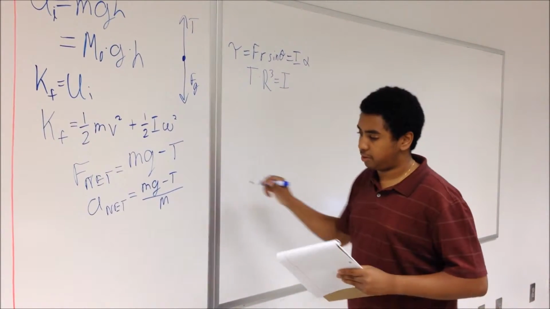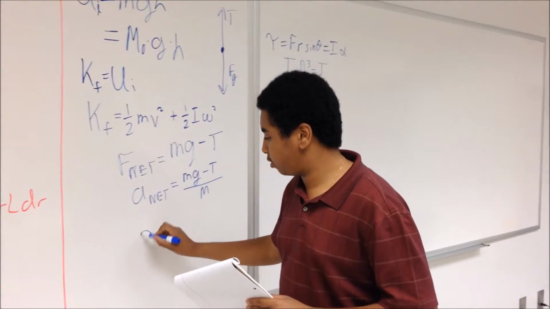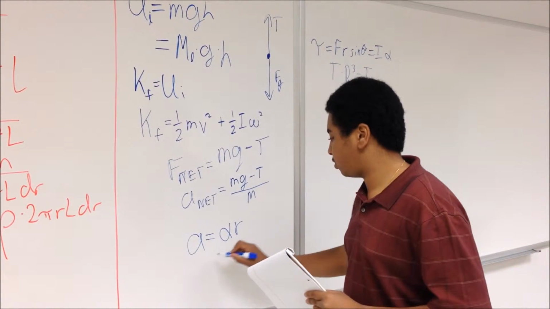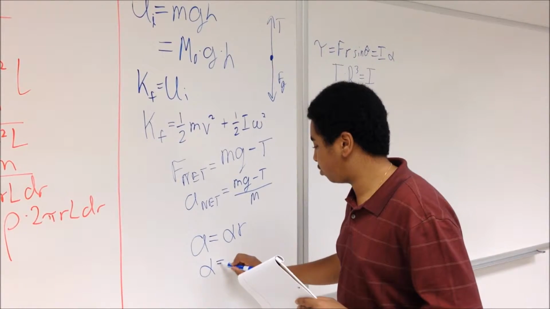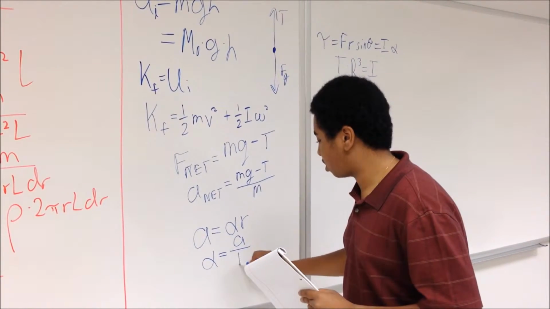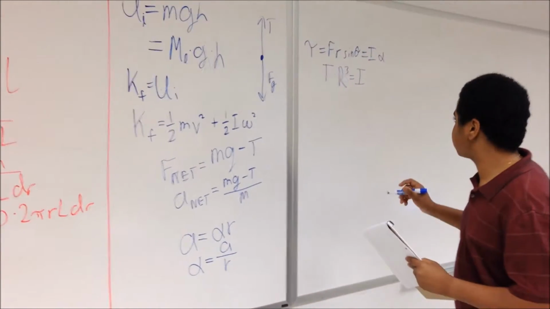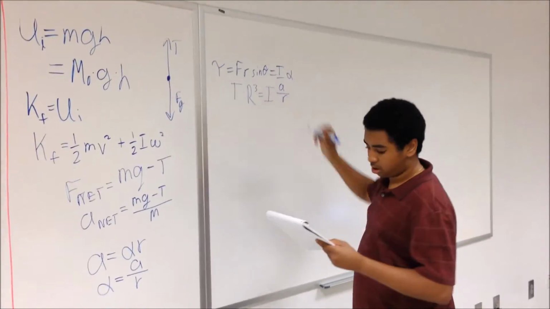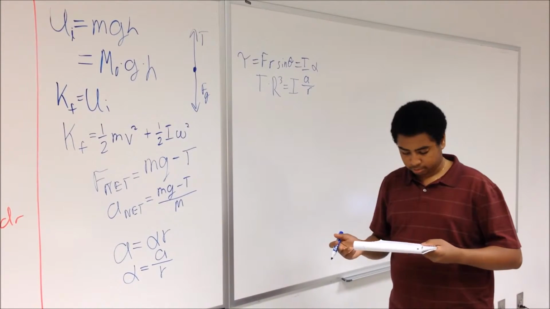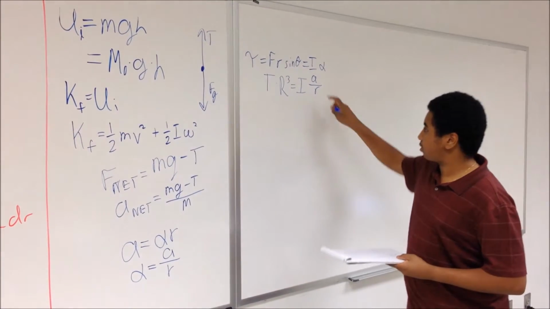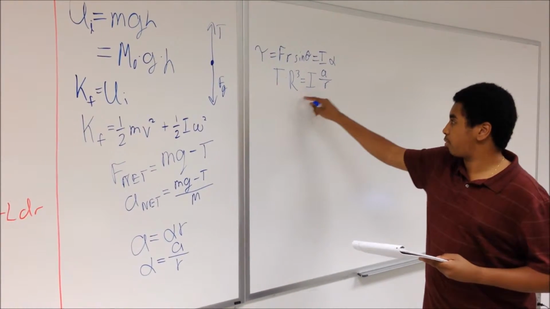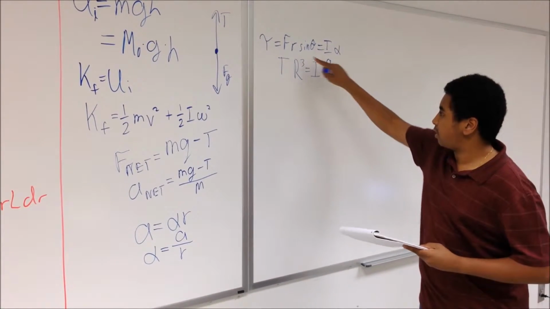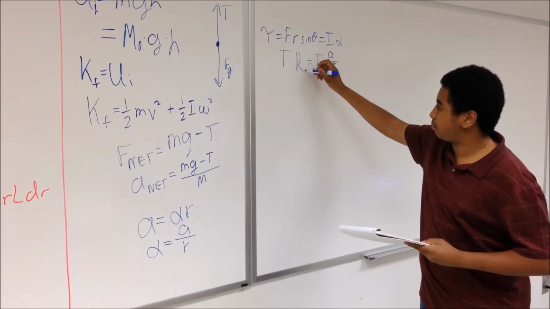And alpha, in this case, because a is actually equal to, this is a bridge, alpha R. So alpha is going to be equal to a over R. So it's going to be I times a over R. And remember, specifically because we're dealing with R3, it's going to be R3, and this should be on the bottom.